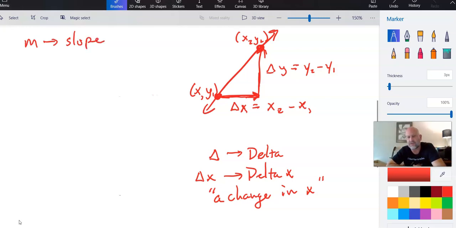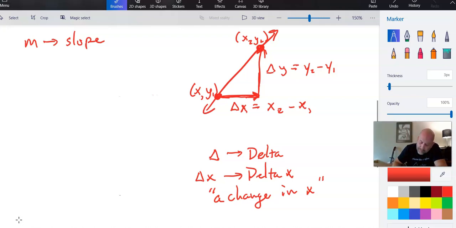I've heard a lot of different stories about why m was chosen. Probably the most popular one was that they used it for mountain. There was a word for the slope of a mountain that they went ahead and confiscated and used for m. I'm not convinced of it, but whatever. However you want to remember that it's m, that's the main thing. Remember that m is slope.